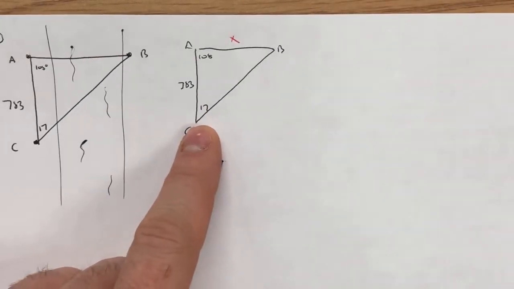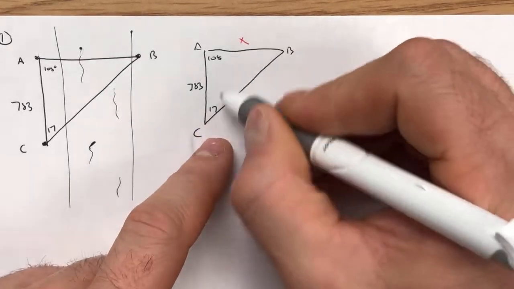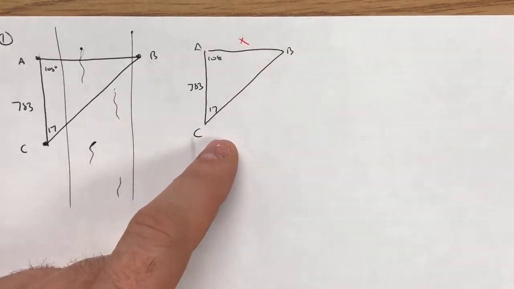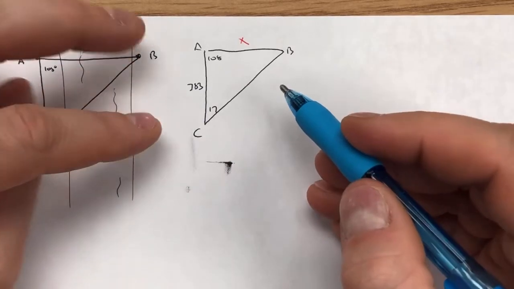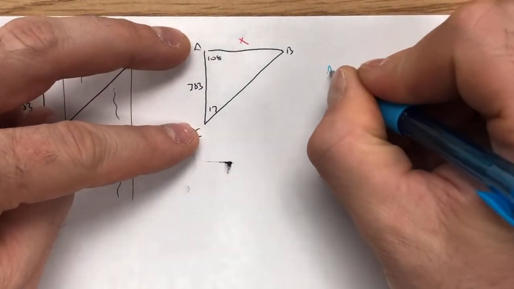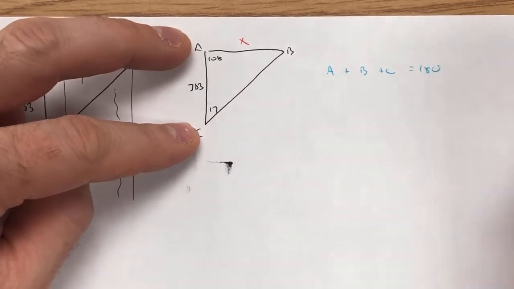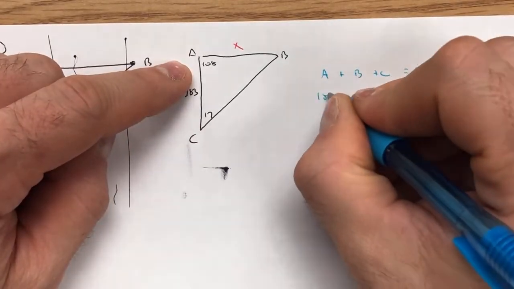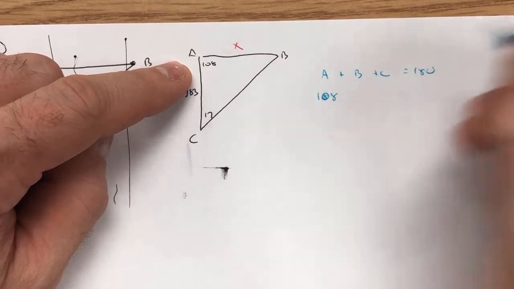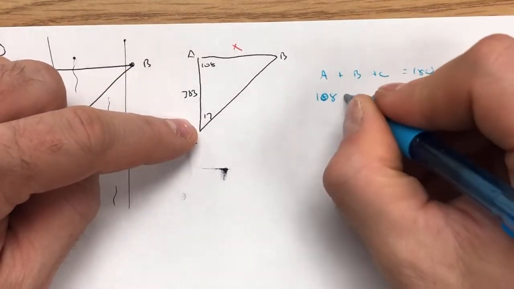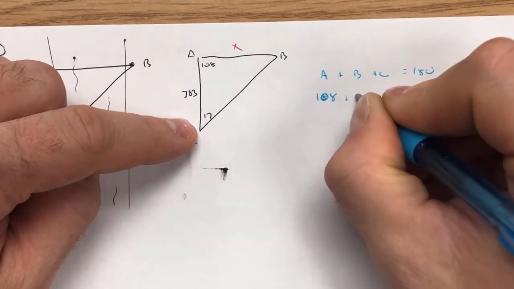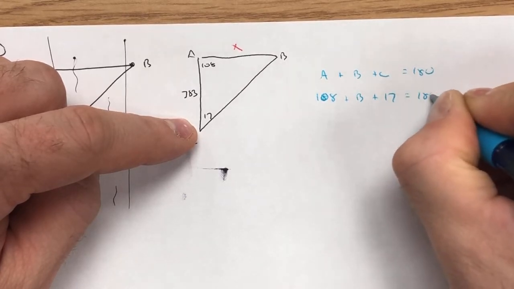So what I have right here is two angles of a triangle. I can use that to infer the third angle of the triangle. I know all angles A plus B plus C must equal 180 degrees. If angle A is 108, and angle C is 17, then I can use that to figure out what angle B is.